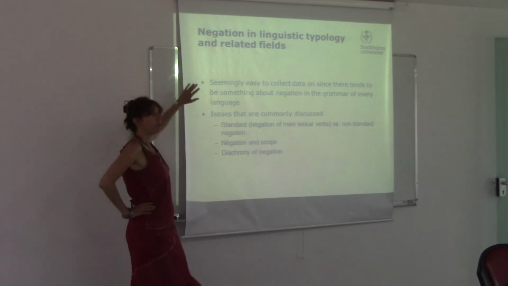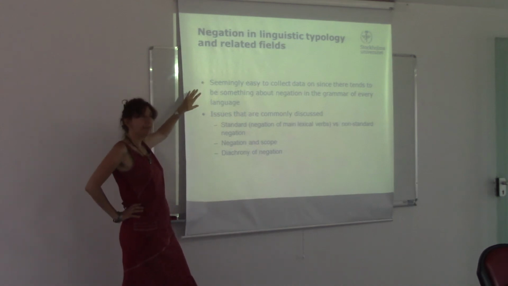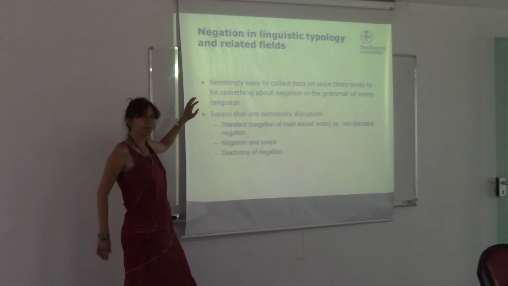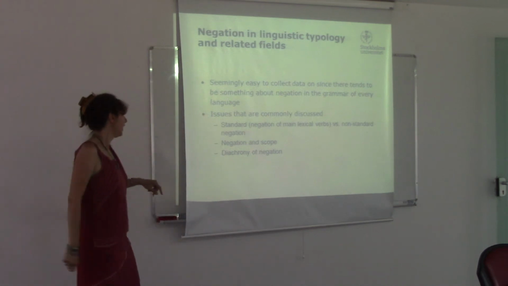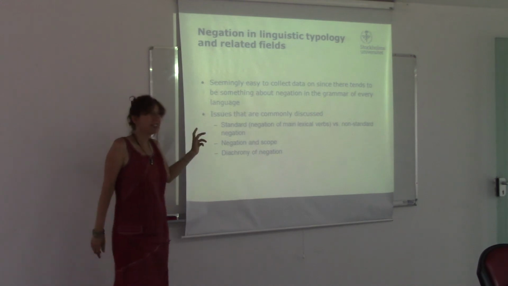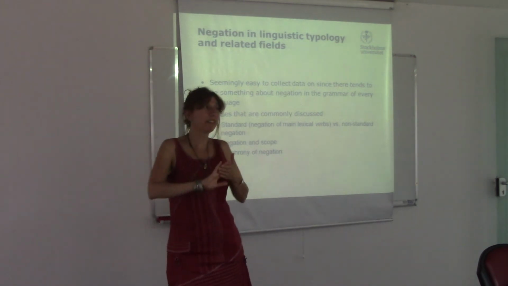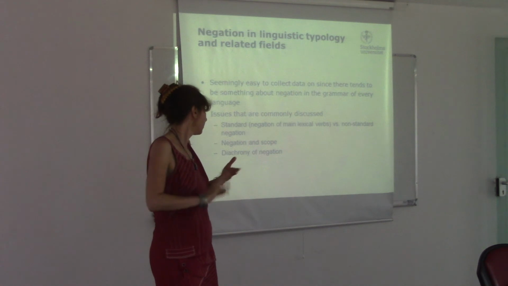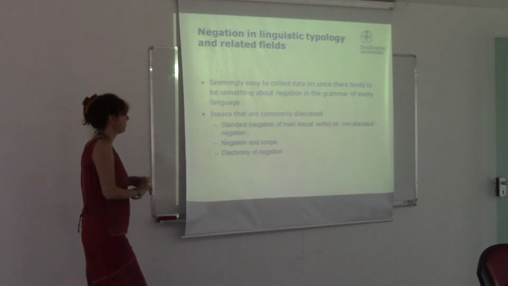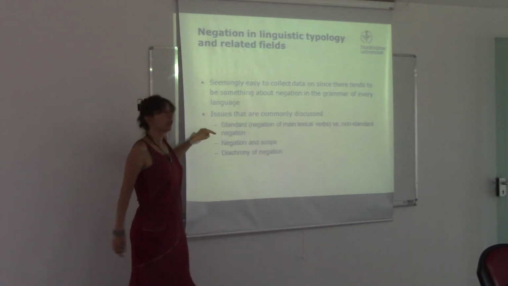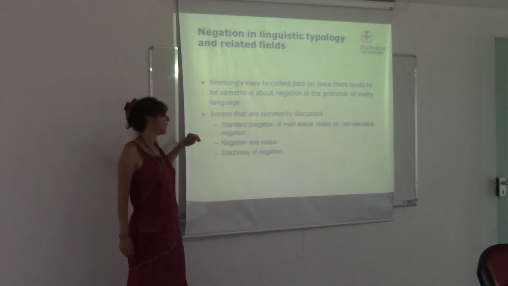Back to negation, so we know that it's easy to find, so we study it a lot. But it's studied very sporadically. I'll show this in a minute. Things that people in linguistics and in grammar have been worried about are negation of main lexical verbs in simple declarative sentences.